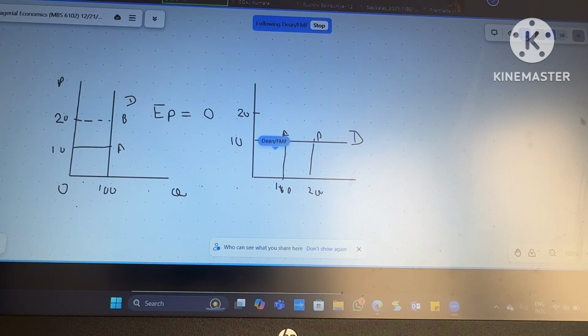Even not 20, even if you increase the price by a small margin, 1%, what will happen to the demand? At 10, you are purchasing 100. If the price becomes 11, what will be the demand? No demand. It becomes 0. Quickly, all the customers move away from this kind of product.